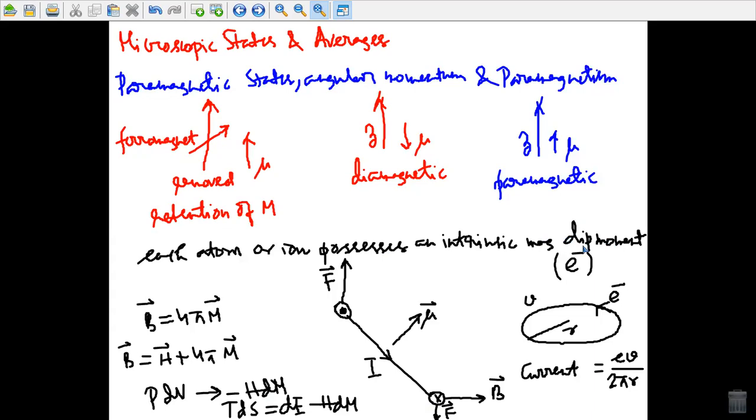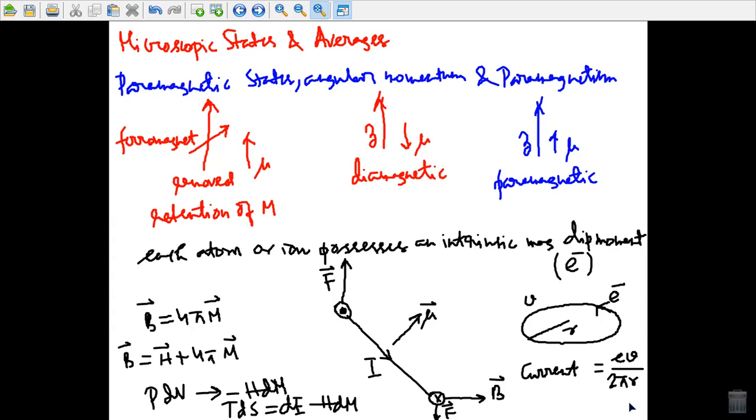Actually, this intrinsic dipole moment originates from the electrons of the atom or ion, as shown in this figure. An electron revolving around the nucleus at radius r and velocity v behaves as a circular current loop of area pi r squared, and the current is ev divided by 2 pi r.